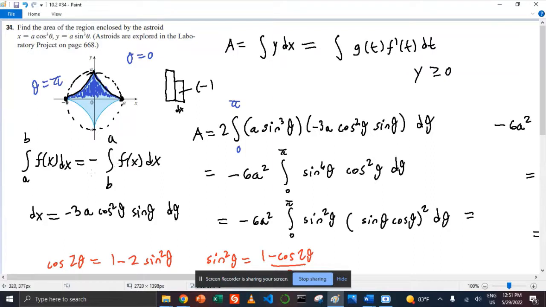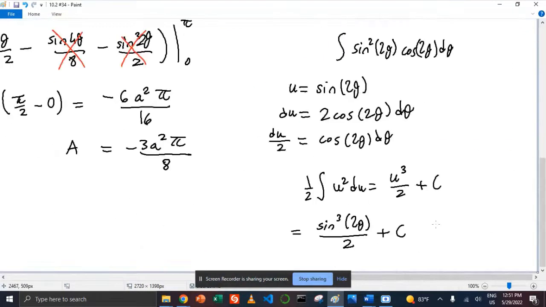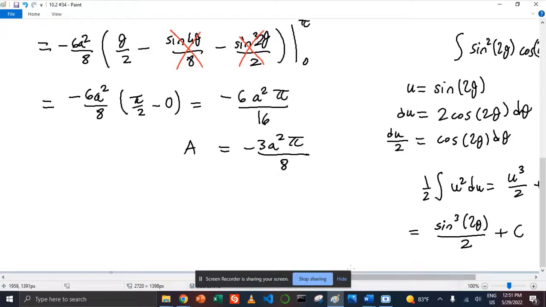That's why this value is the opposite of this value, and that's why we get a negative number, because the base of each rectangle in our Riemann sums is actually negative because our x is decreasing.